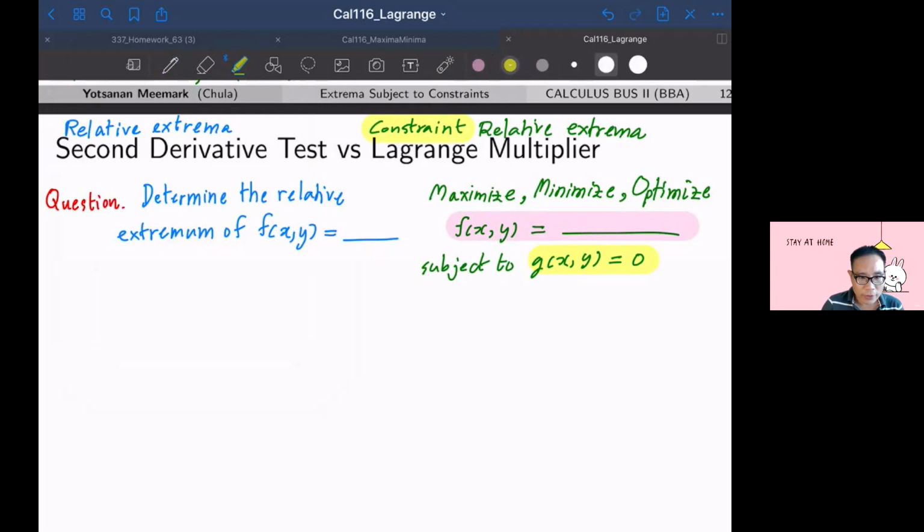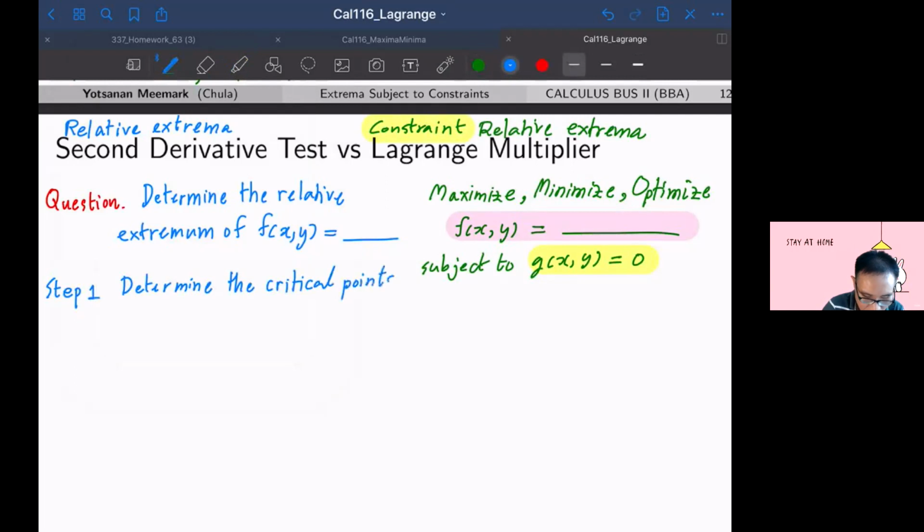So the difference between these two is, first, the question asks you something different. Step one for the second derivative test will be: you're gonna determine the critical point by solving.